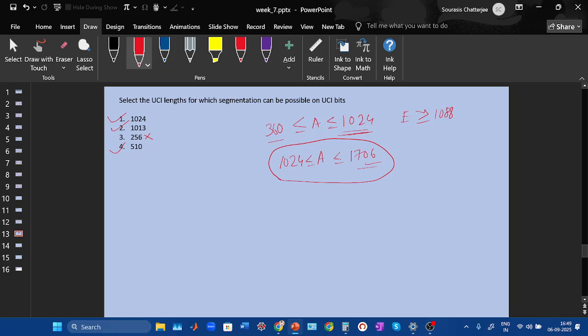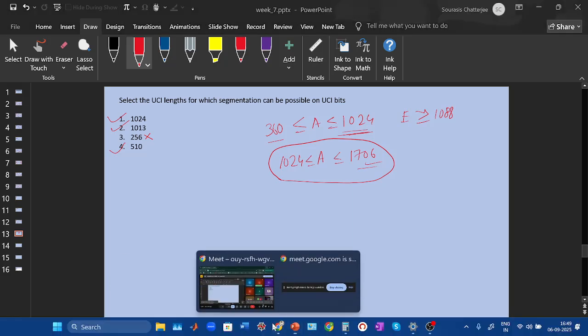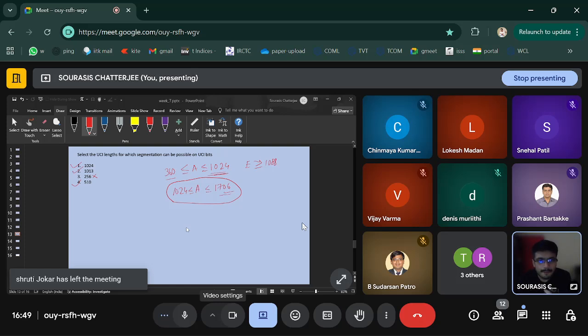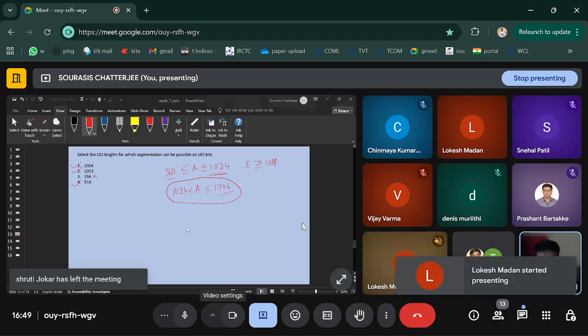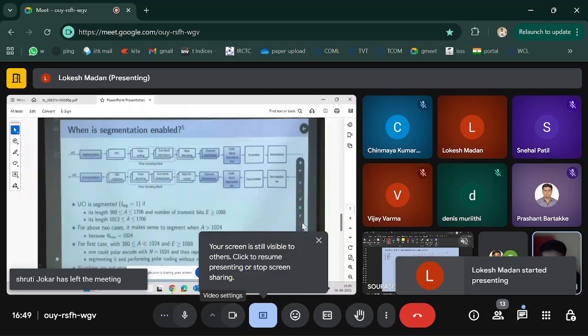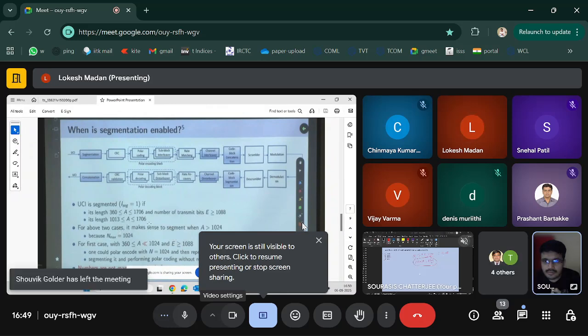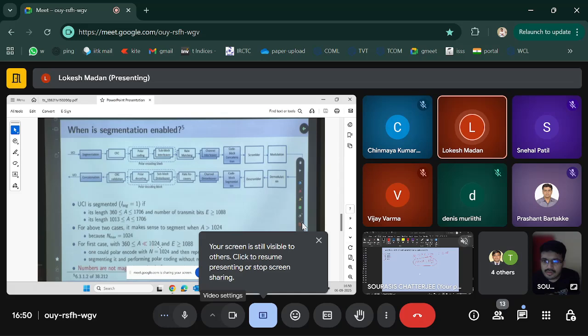Can you share my dashboard? Yeah, sure. I guess nothing needs to be done from my end, right? Repeat the question. Oh, okay, I got it. So how do we do it? It's written 316, 1706 and 1013, yes, got it. I think it might be by mistake because in the first place it is written 360 to 1024.